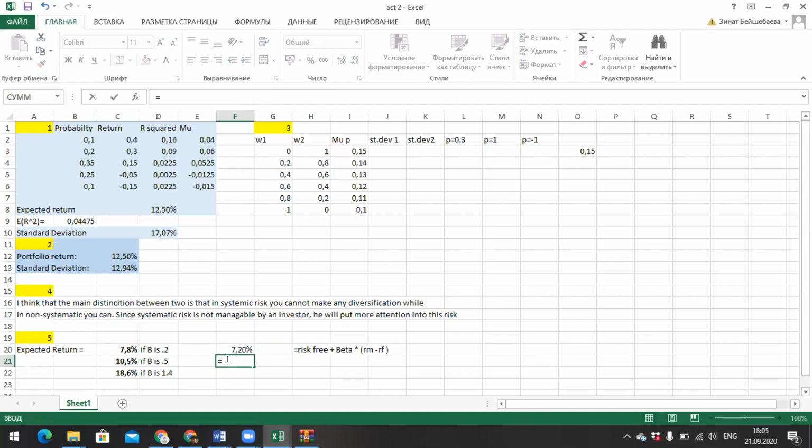Just copy this formula above and change the beta. Change the beta. Okay, now it's correct.